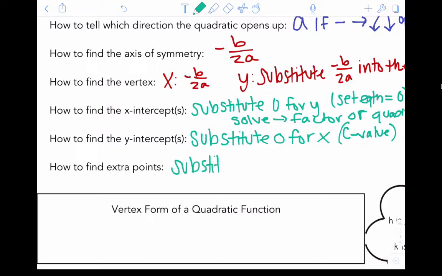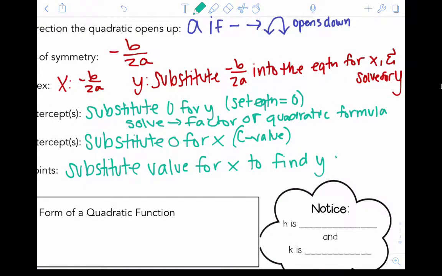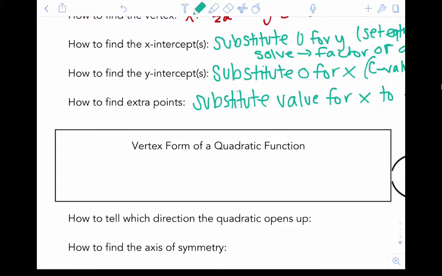You substitute any number for x, and then solve for y to find the y values. So that's all old news. We've been working with that for a while.